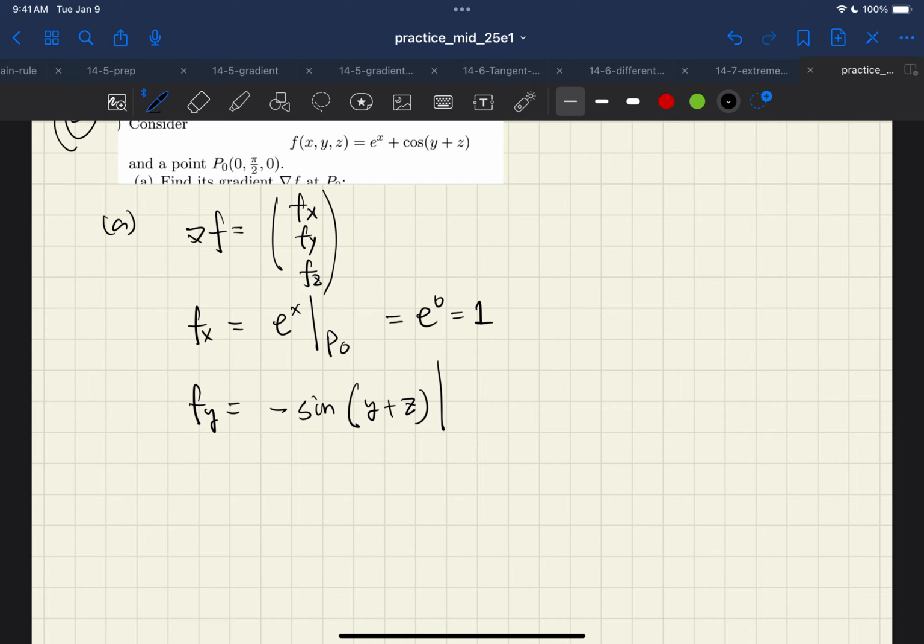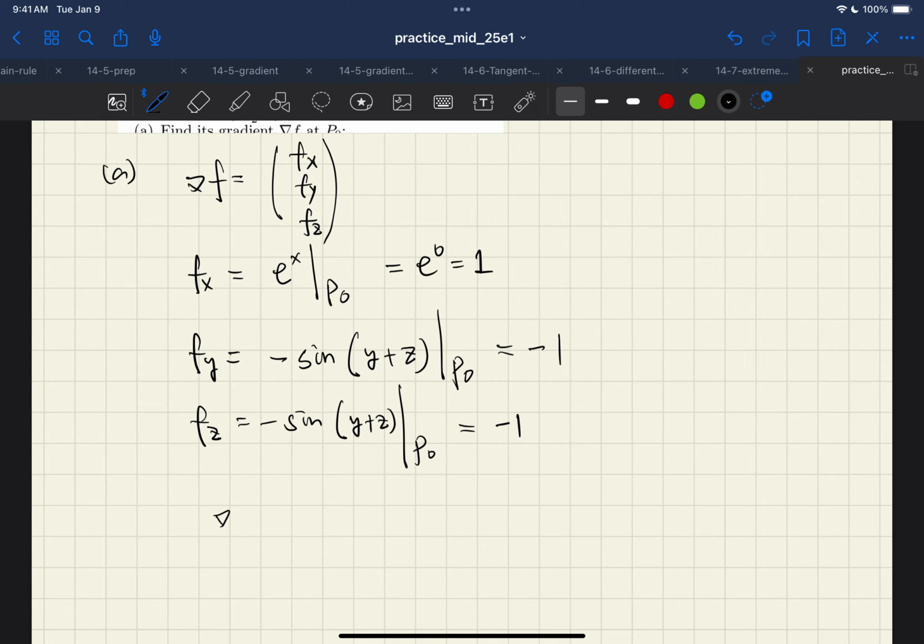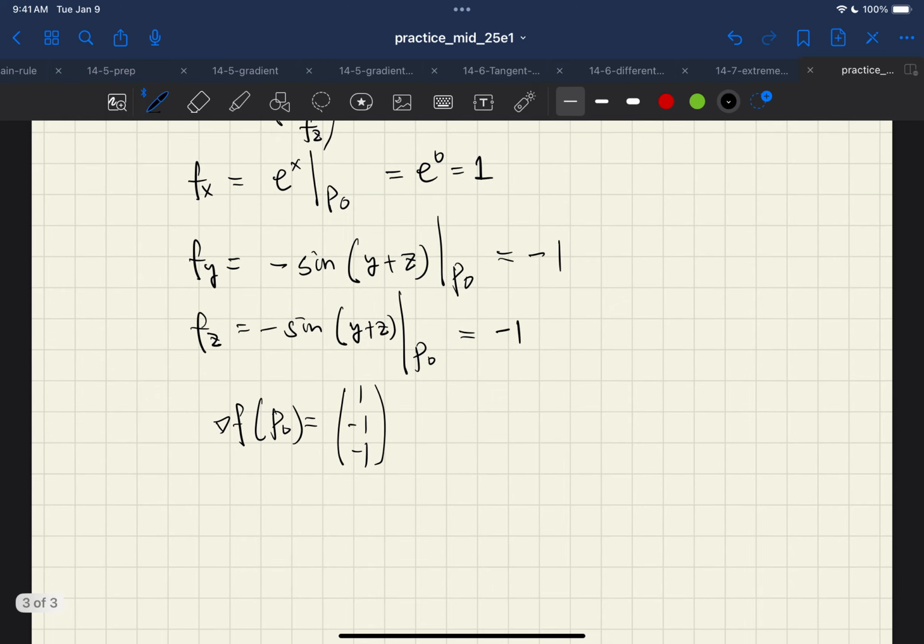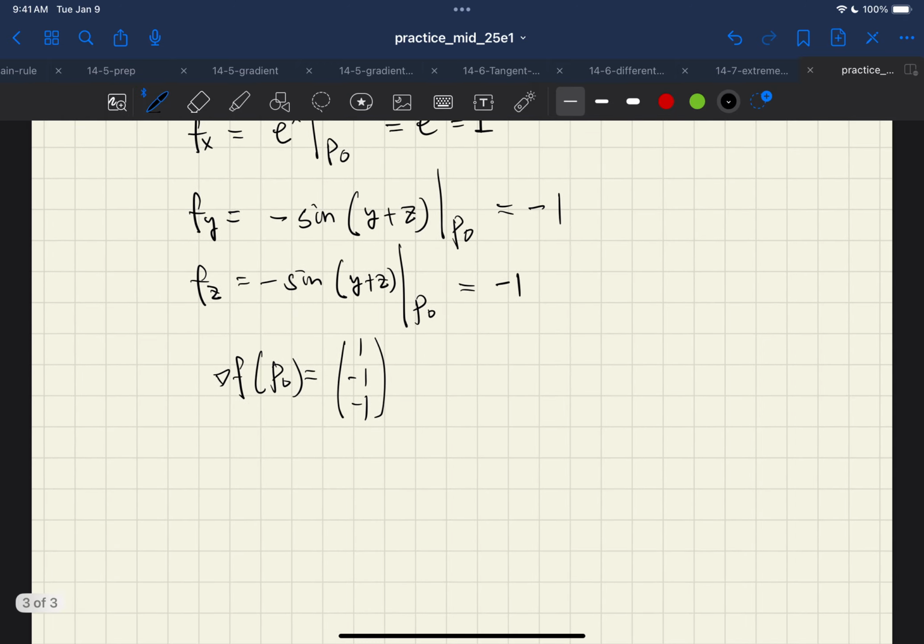If I put in p0, this is negative sine pi/2, which is negative 1. fz is similar: negative sine of y plus z at p0, and yes, this is negative 1. So we can write the gradient of f at p0 as (1, -1, -1). It's a vector of 3 elements, or a 3D vector.